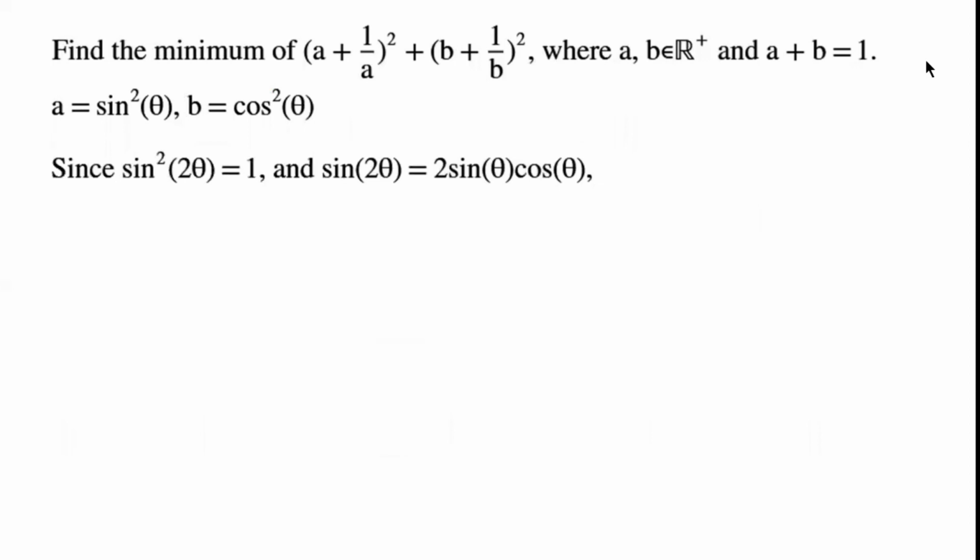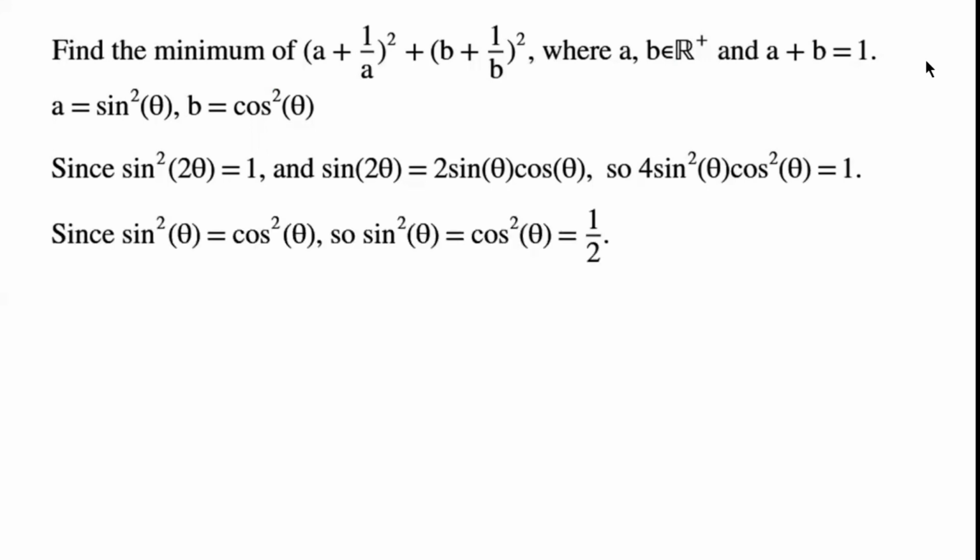Since sine squared 2 theta equals 1 and sine 2 theta equals 2 sine theta cosine theta, 4 sine squared theta cosine squared theta equals 1. Also, since sine squared theta equals cosine squared theta, sine squared theta equals cosine squared theta equals 1/2.